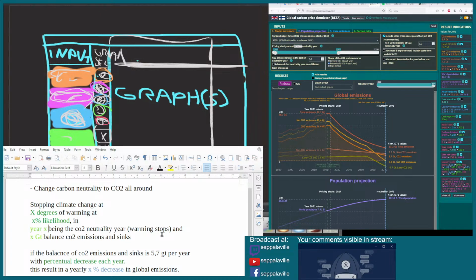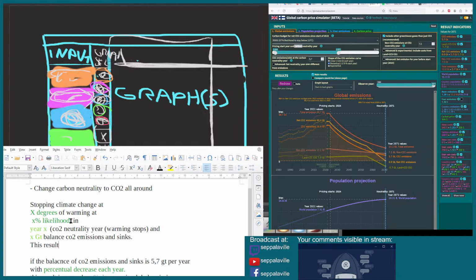So then we have width, this results in X%.